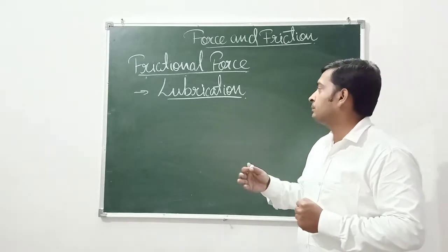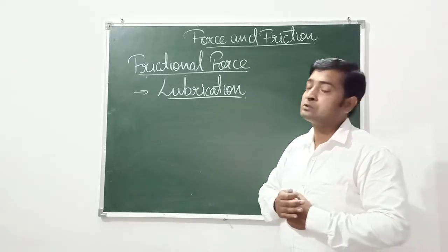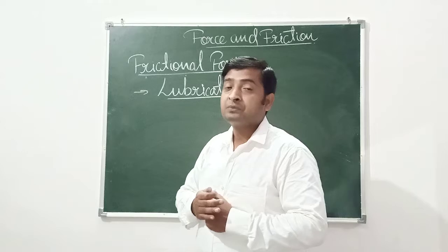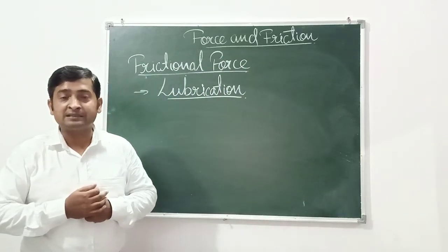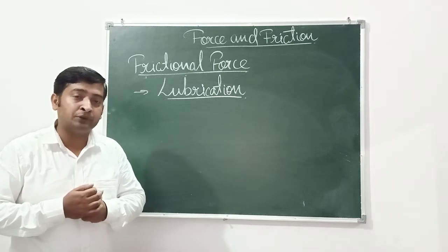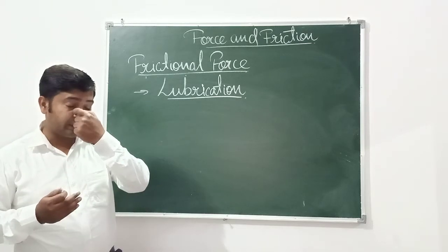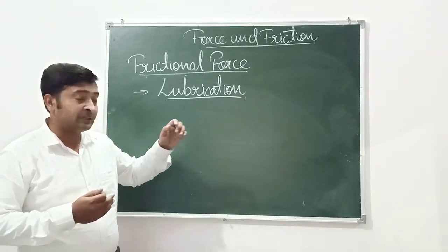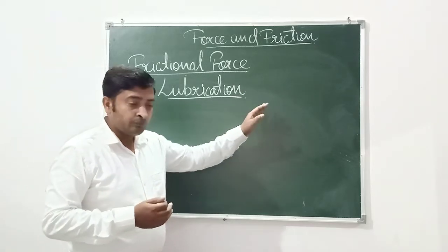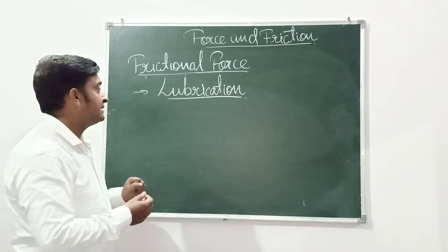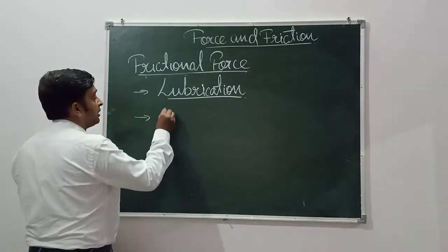If we put some oil between those parts, what will happen? The friction will be less. When the friction is less, less heat will be produced, and that smaller amount of heat keeps protecting our parts. Okay, one is lubrication, another is the usage of ball bearings.